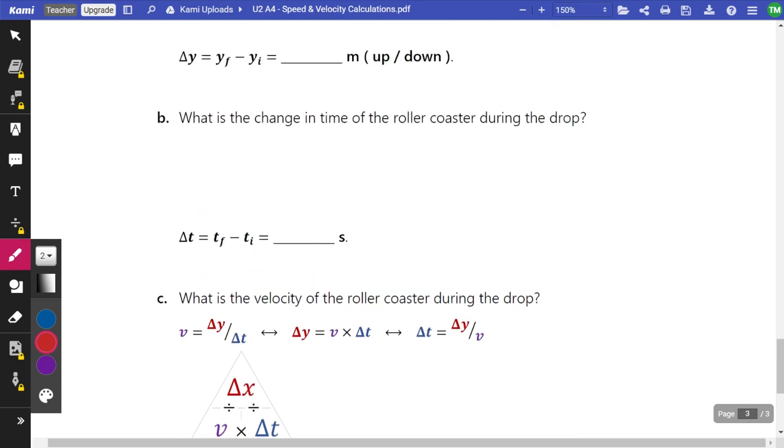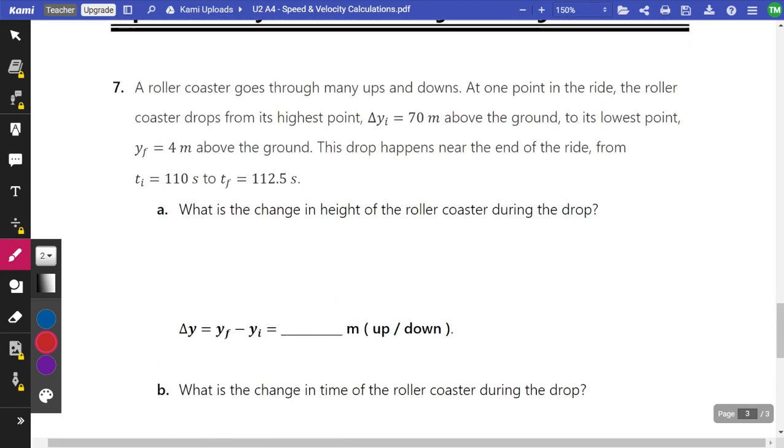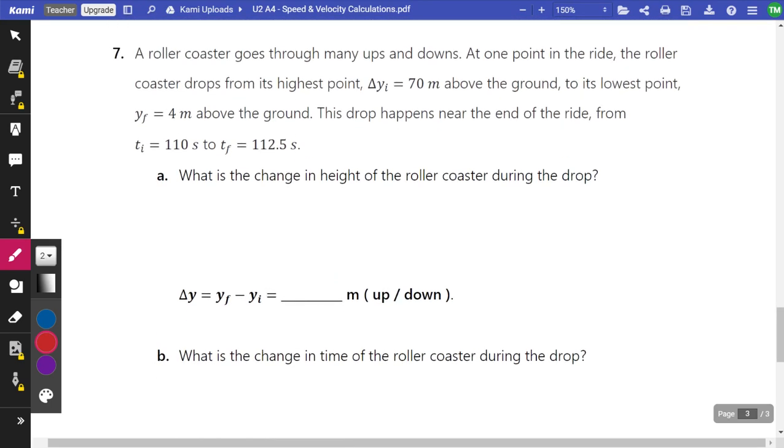In this last problem, a roller coaster goes through many ups and downs. At one point in the ride, the roller coaster drops from its highest point. This delta y should just be a y, I. So let me get that out of there. yi is going to be 70 meters, where this i just stands for initial.